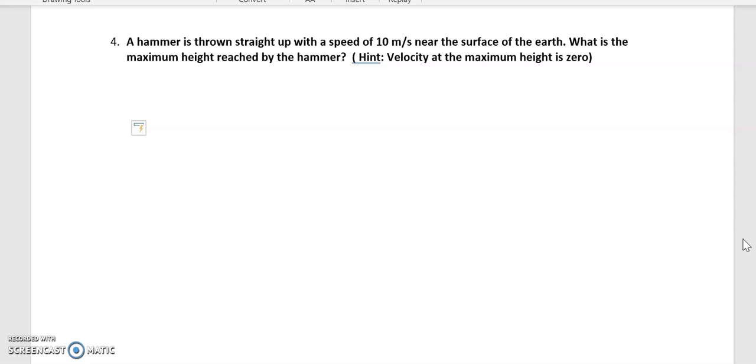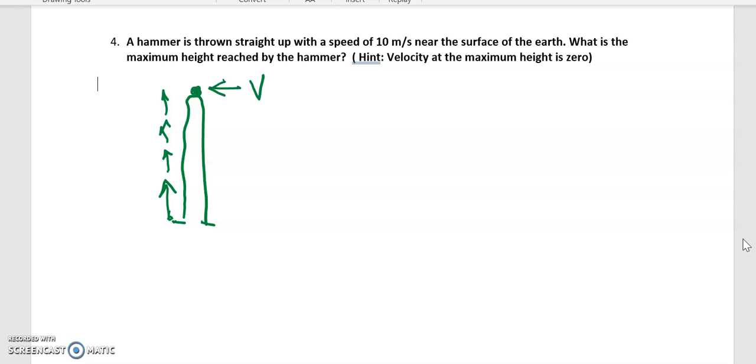Okay, so let's start by visualizing the problem. So this is the hammer, you throw it up. It's going to slow down while it's moving up. It's going to reach the maximum height. And we know that at this point, velocity is equal to 0. And it's thrown at a velocity of 10 meters per second.